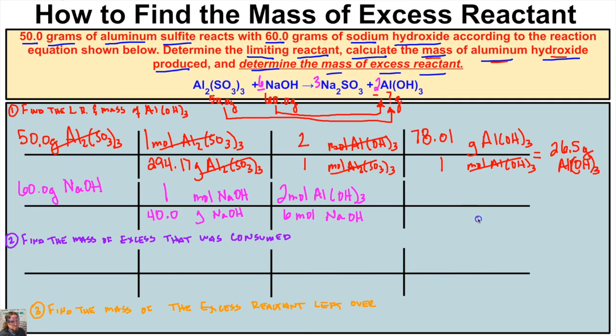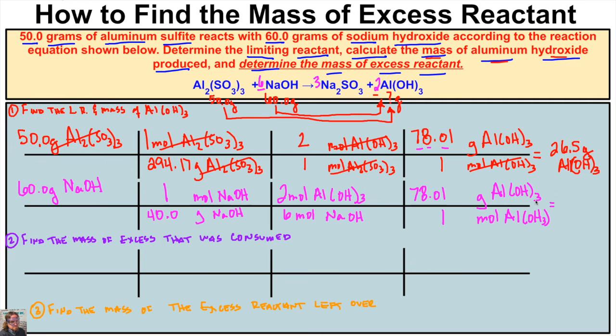So now we're going to have to cancel out moles of aluminum hydroxide, so we're going to put that at the bottom. And we're going to have to convert to grams, or figure out the number of grams of aluminum hydroxide, so we'll put that at the top. And once again, we know 1 mole of aluminum hydroxide is 78.01 grams. So let's go ahead and put this in our calculator.